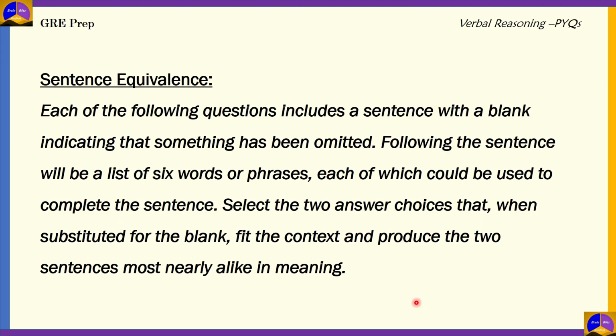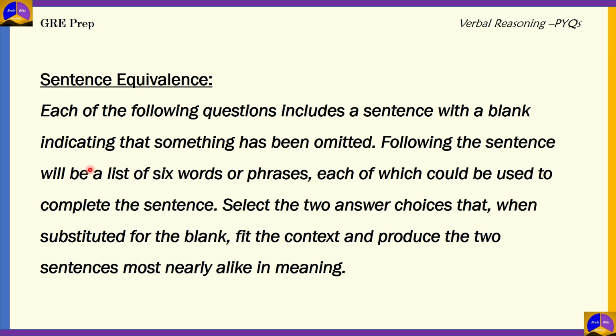Now, before we start off, all of the questions today follow a structure called sentence equivalence, and this is the instruction that has been given for that particular kind of question. Each of the following questions includes a sentence with a blank indicating that something has been omitted.